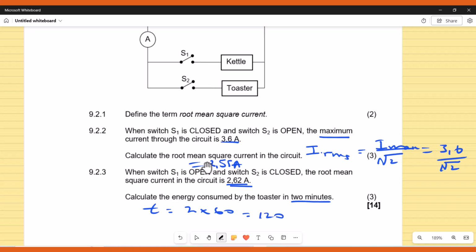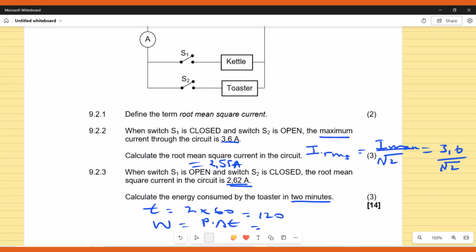We're looking for the energy W. Now energy W is given by the power times change in time. Because we have the current and we have the voltage, what do we do in this case?